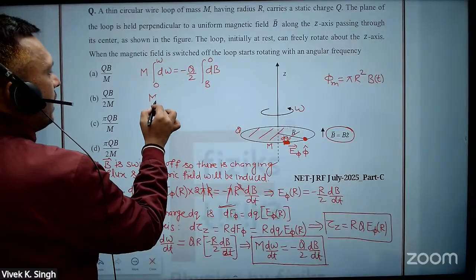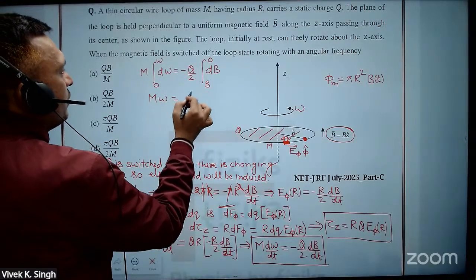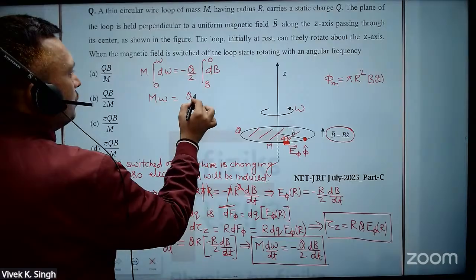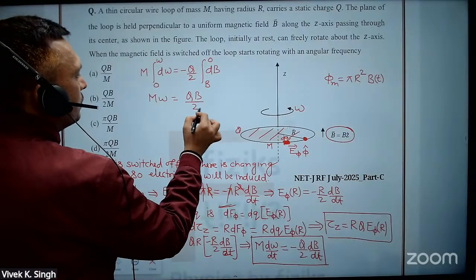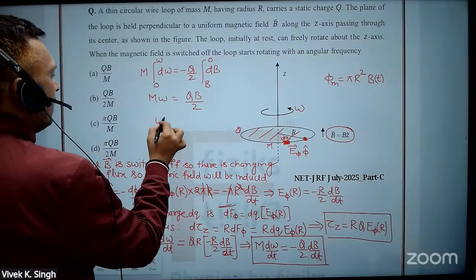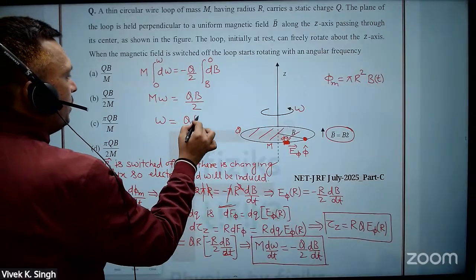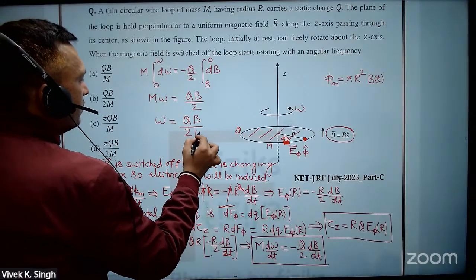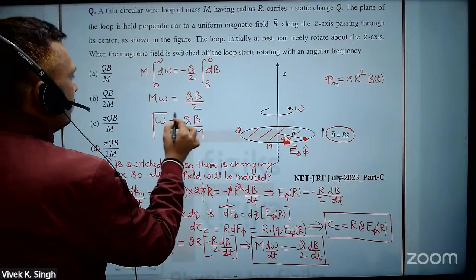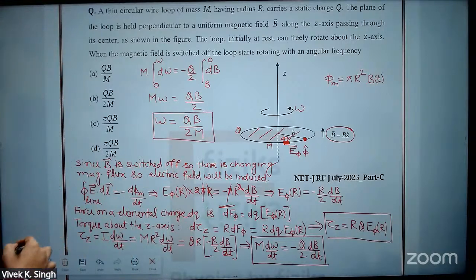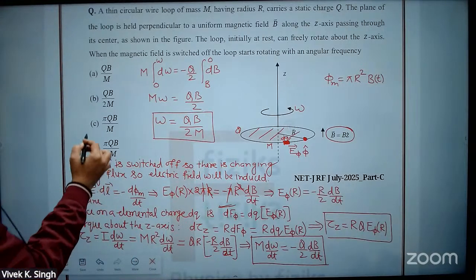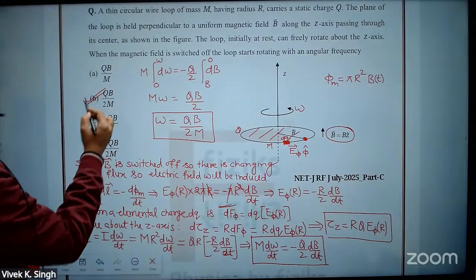So you will get m into omega, and this will give you q B by 2. So I think this omega will be q B by 2m. So omega is q B by 2m, and in this case, option B is correct.